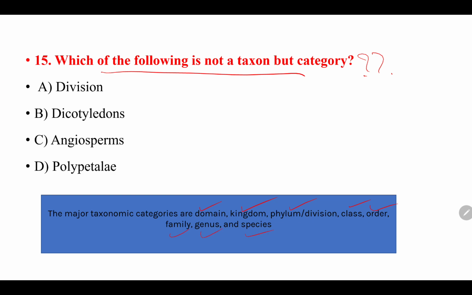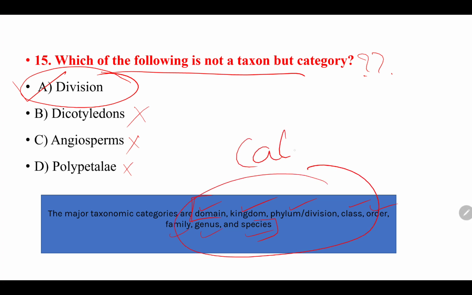So, dicotyledons is not a category. Angiosperms also, polypetalae, are also not. So, out of the options, whatever I have discussed here, that is kingdom, phylum, domain, division, class, order, family, genus, species, all of them come under category.